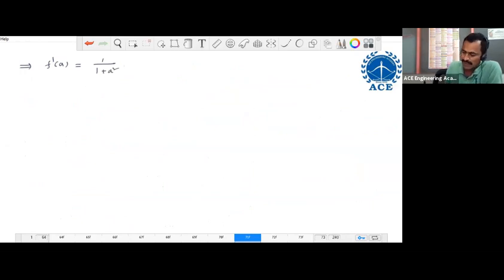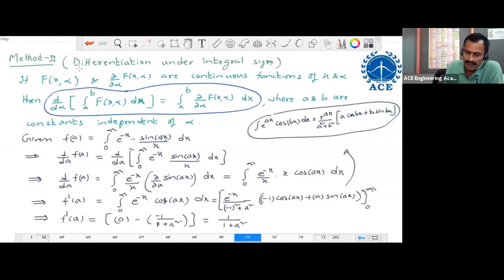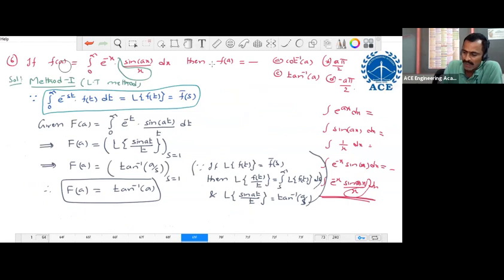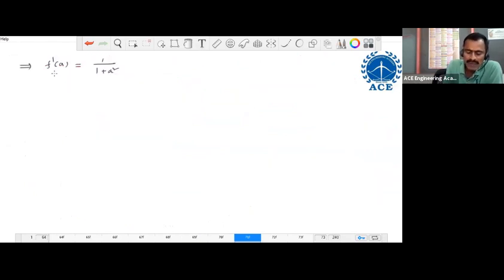But we are asked to find just f of a. If f of a is this integral, then what is f of a? We know the f dash. If we know the f dash, we can get the f of a. To get f of a, we integrate both sides with respect to a, which implies f of a equals integral of 1 by 1 plus a square da plus integral constant k.